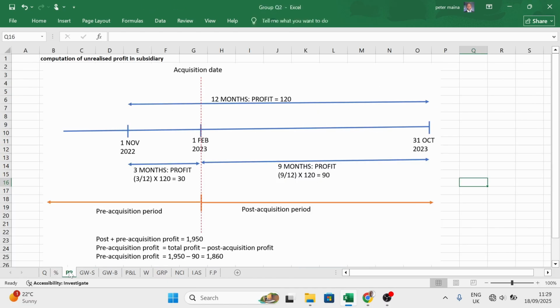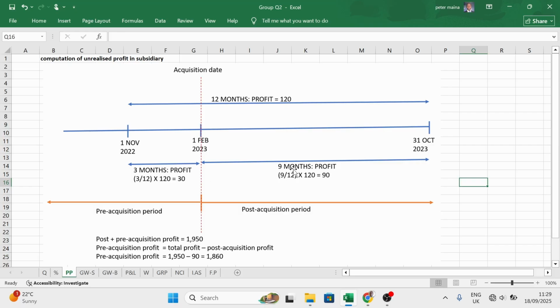So we go back to the pre-acquisition. 120 is the profit that S Limited made for 12 months, beginning on 1st November, ending on 31st October. Part of this profit is going to be pre-acquisition. These are 3 months. So profit for 3 months was made before the acquisition time, which makes it a pre-acquisition profit.